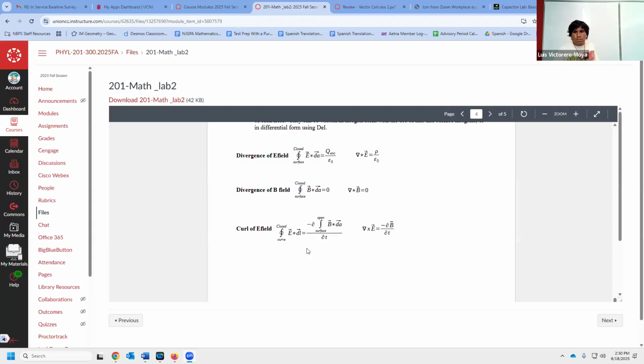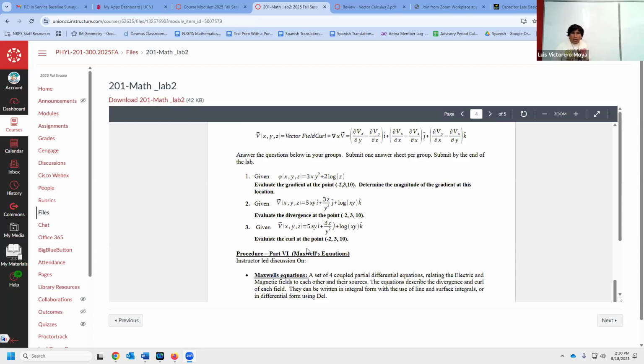So what do we have here? It says, oh yeah, for example, here, the gradient, what I was talking about. Given a scalar function in terms of x, y, z, given by, let's say, 5x squared y cubed plus 7 natural log of 2z.